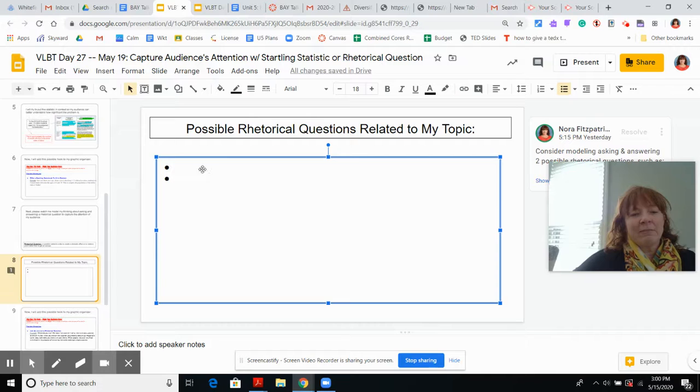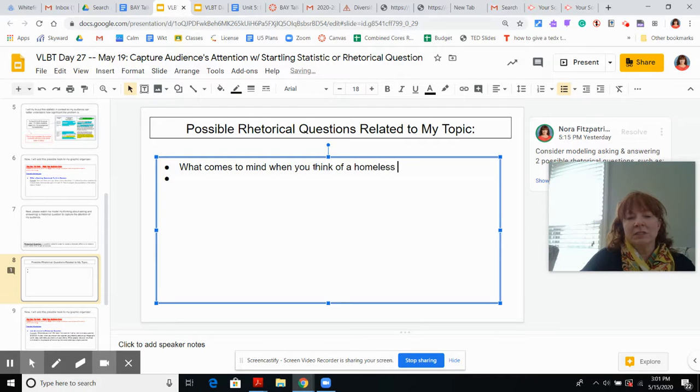So I'm going to see if I can come up with a couple of possible rhetorical questions related to homelessness and access to education. So I might start with, what comes to mind when you think of a homeless person? Here's the rhetorical question. I'm going to pose a possible answer because I really want to get my audience to start thinking about stereotyping and labeling.